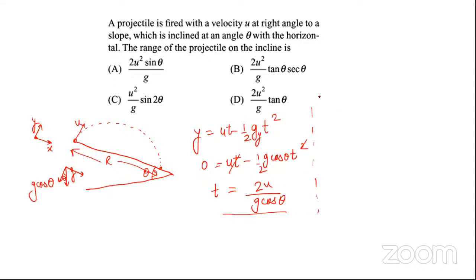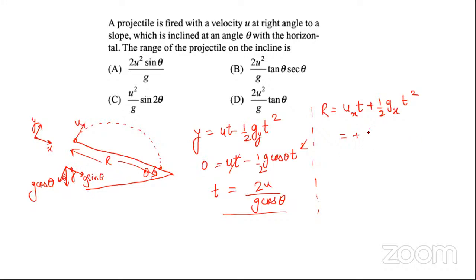Now what we do next, we try to apply this equation in the x direction to find the range. So our range equals ux into t minus half gx into t square. Now u in the x direction we know it is 0, so it comes down to, sorry, it will be plus, and gx, that is g in the x component, it will be g sine theta.